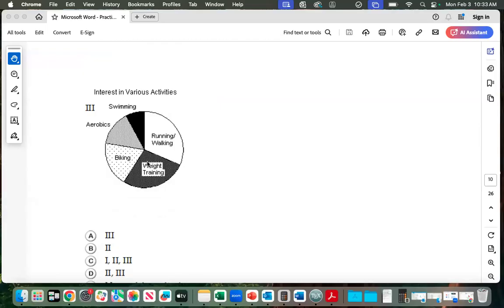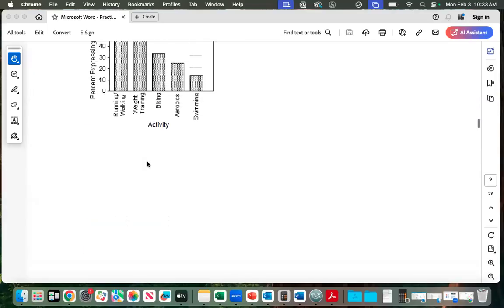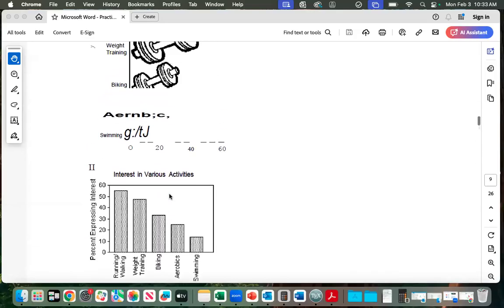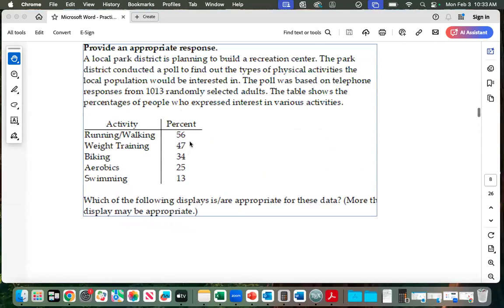So why do you think 2 and 3? When we look at this, the pie chart is also a good measure of display for categorical variables. But to use the pie chart, remember, we said that the percent here, everything here should be 100.